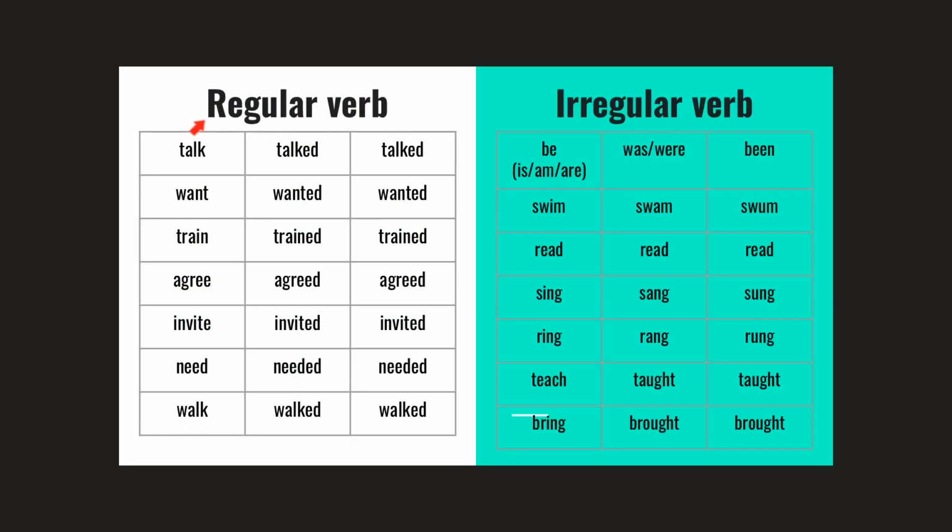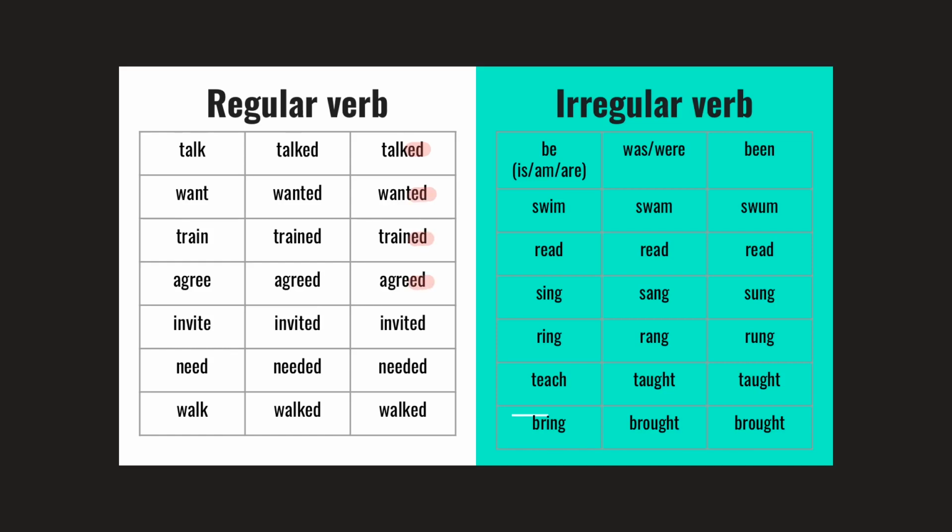So on the left-hand side, we are looking at a regular verb table, all right? On the other hand, on the right-hand side, we are looking at an irregular verb table. So in regular verbs, as we talked about, the past participle ends in ed.